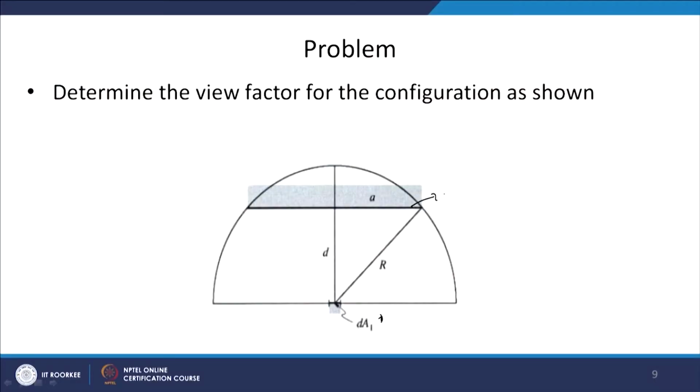The second surface A2 is basically a circular disc that is having the radius a, and the separation distance is basically equal to d. Okay. So, we have to find out the view factor between these two surfaces, okay, and what we have done is we have chosen our hemisphere in such a way that the hemisphere basically passes through the edges of the disc.